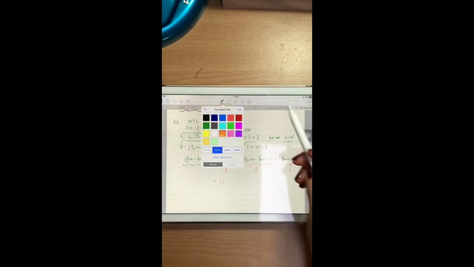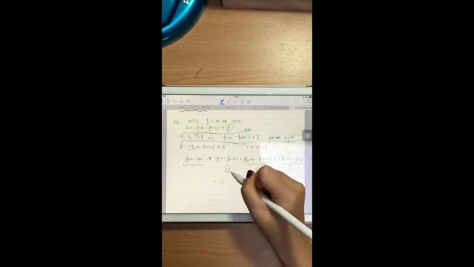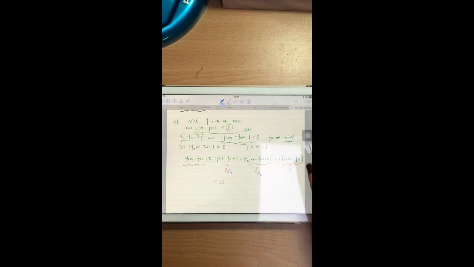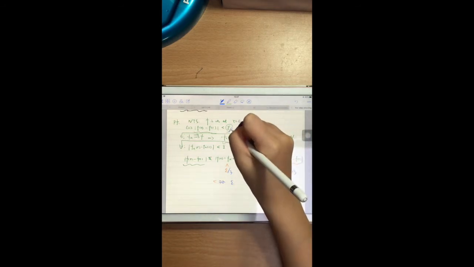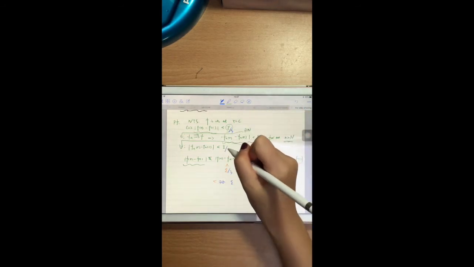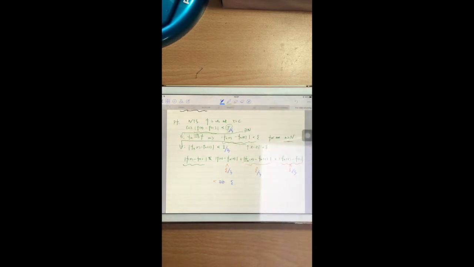So we do a quite simple thing: make each one 1/3 of epsilon, and then we will get 1 epsilon. So then we are done.